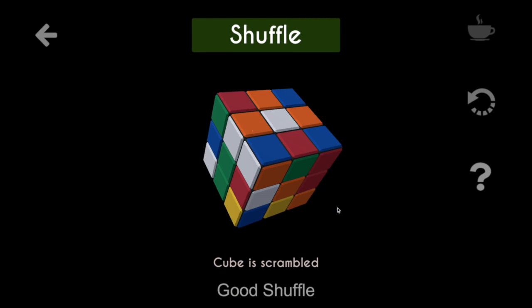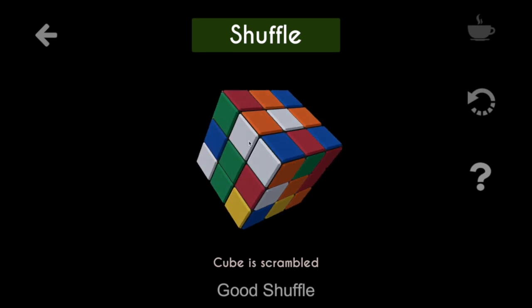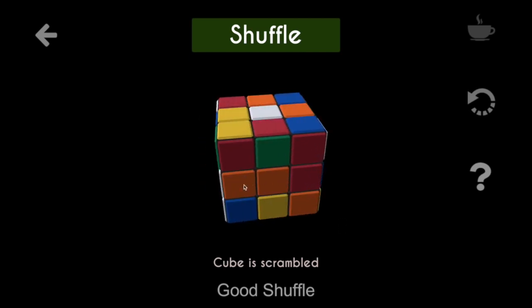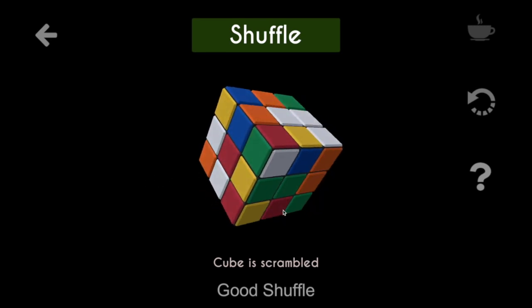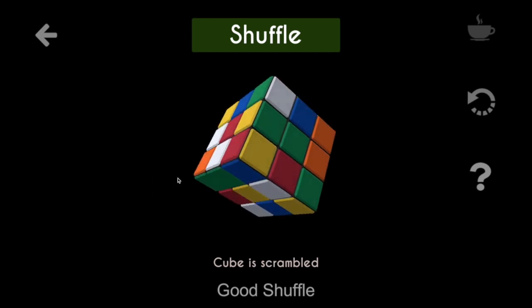So here is the white face. Now I see an edge with the orange and white. So if I turn it towards the side, I match the oranges and then I match the white. Let's see another cube. Okay, here's another edge with white and green.